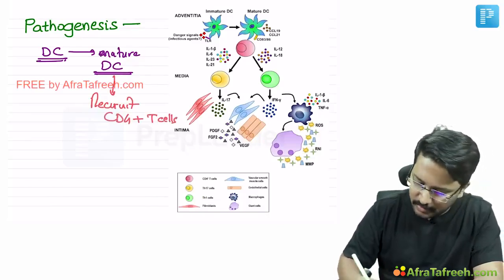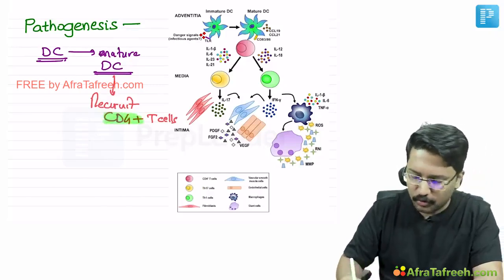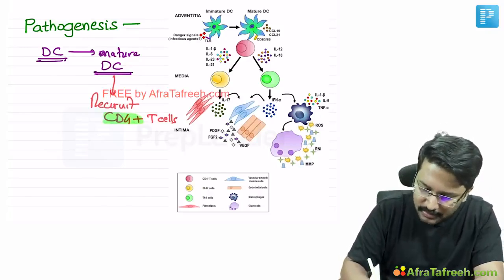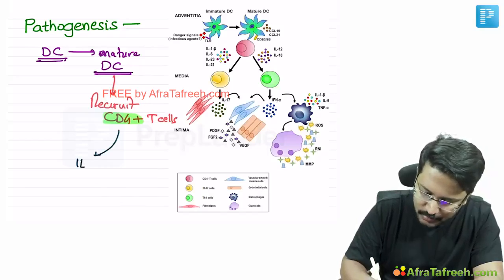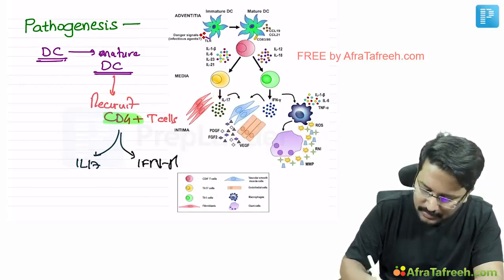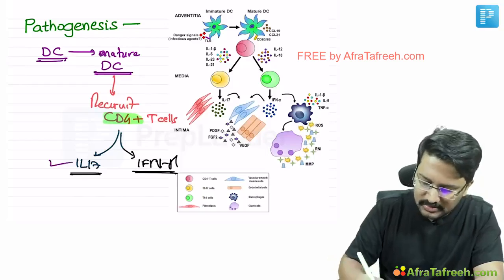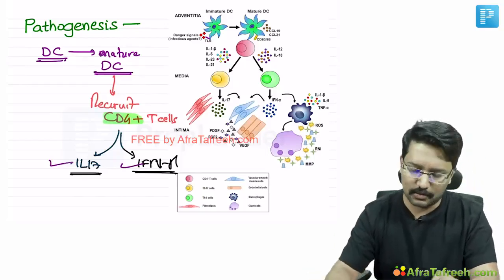So the main abnormality here is the recruitment of CD4 positive T cells, which then lead to secretion of interleukin 17 and interferon gamma, and these are responsible for the vasculitis. That is the basic pathogenesis of the disorder.